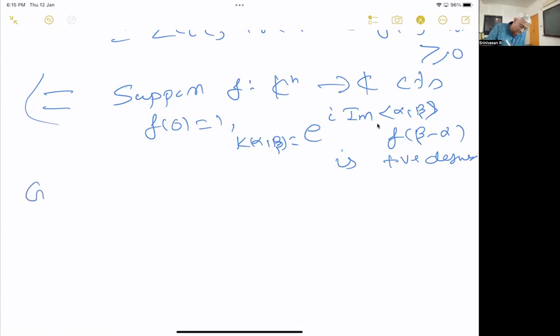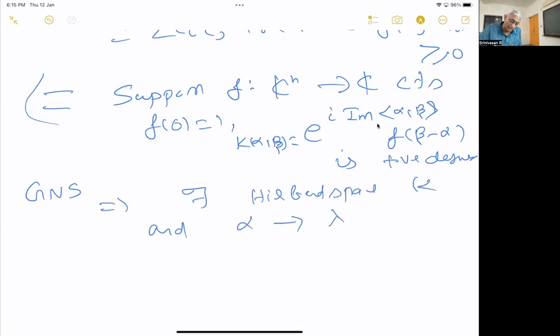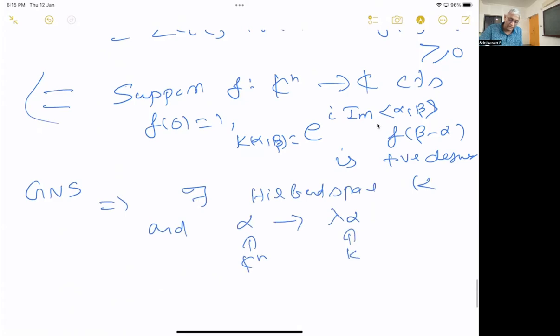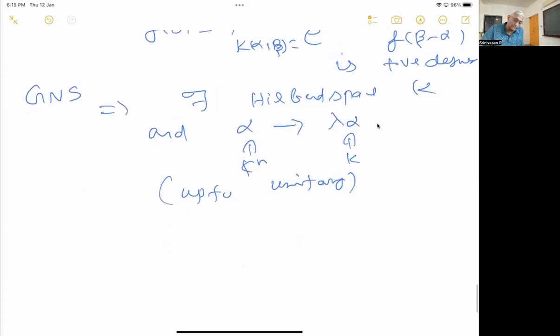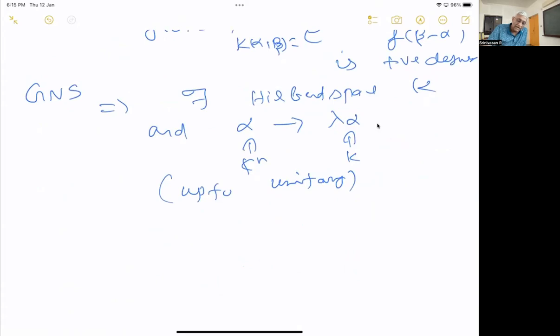So by GNS construction, there exists a Hilbert space K and a map alpha going to lambda alpha, where alpha is in C^n and lambda alpha is in K. All these things are up to unitary equivalence.